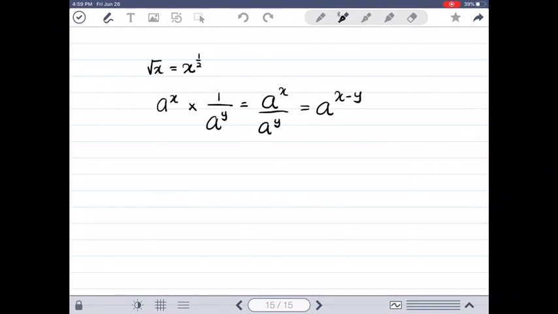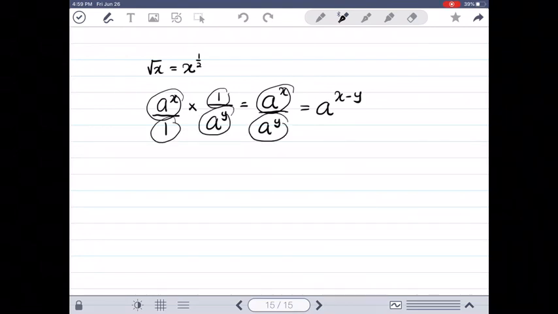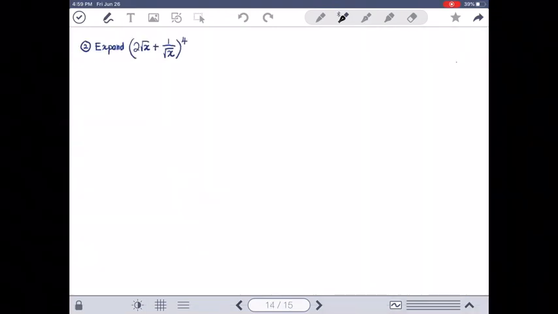Why? Because a to the power of x is just a to the power of x over 1. And if you multiply a to the power of x with 1, you should get a to the power of x, and 1 with a to the power of y, you should get a to the power of y. And by properties of indices, if you have the same base, you can actually subtract the index if it's division. In this case, it's division. So just recall the properties of indices.